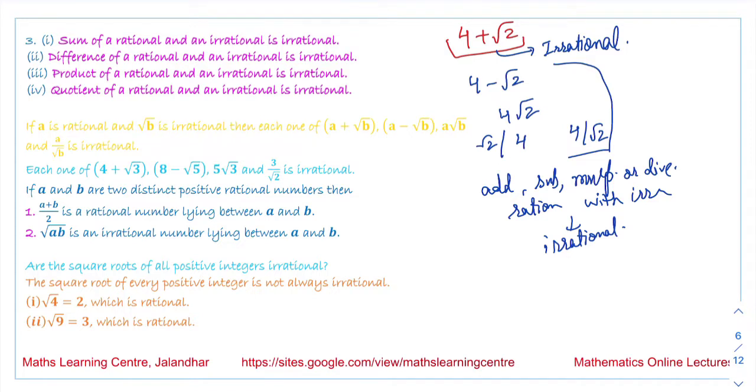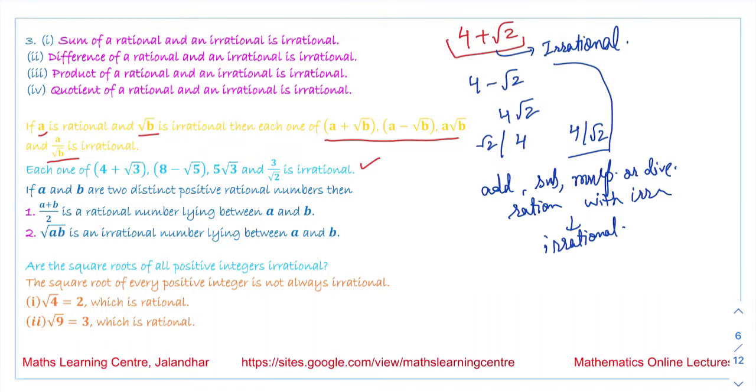It may be rational, it may be irrational. But if we are adding, subtracting, multiplying or dividing irrational and rational numbers, then the answer is always an irrational number. So this is given over here, that if a is a rational number and square root b is an irrational number, then all these numbers are irrational numbers. This is mentioned over here.